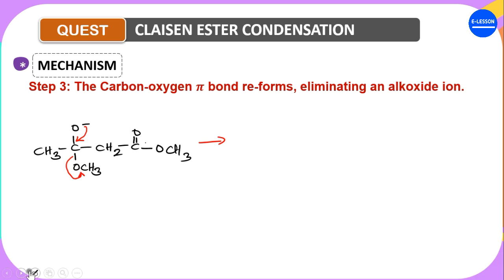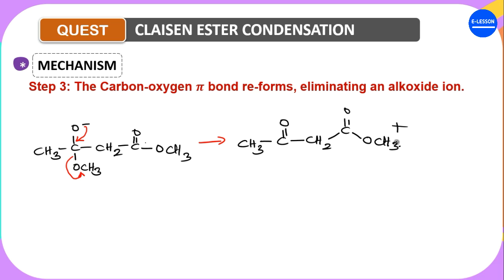So at the end of the day, you are going to form something like this, which is the final product of the Claisen ester condensation. So we have CH3, and then you have a double bond here, O, and then you have CH2, and then you can have this double bond O, and then OCH3. Plus, what do you think actually left?